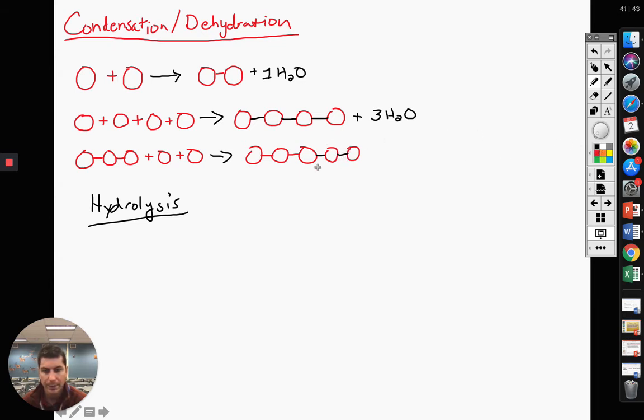Boom. How many bonds did we form? Well, there's 2, so we would get out 2 water molecules. So those are the condensation dehydration reactions, guys. We are building up. So we're making it bigger.